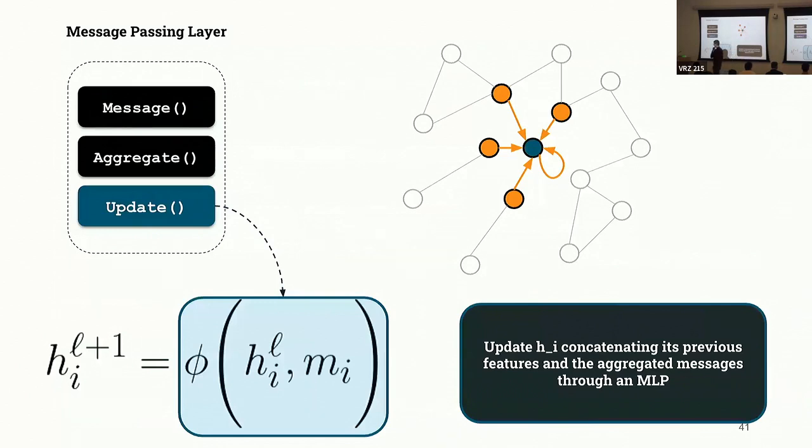So the idea is that we aggregated the messages, so basically aggregated the knowledge that comes from you guys. And then I have to decide how to update my knowledge, considering yours. We can be flexible. In most cases, what we do is take my features, so my knowledge, concatenate the feature vector resulting from your knowledge, and then reparameterize this result through a multi-layer perceptron.